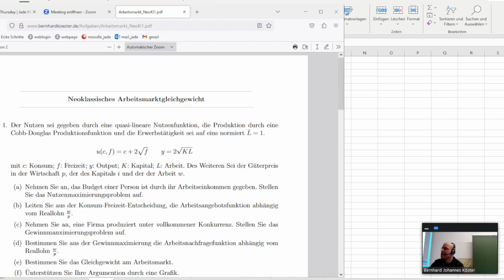So this dependence we do not directly obtain from the optimization process. Okay, but you do not have to deal with these evil Cobb-Douglas production and utility functions.